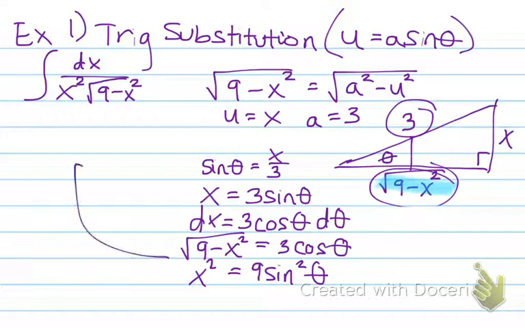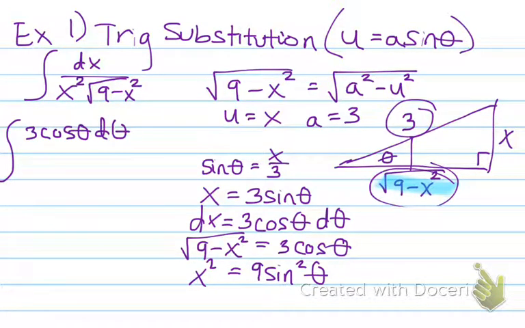So I'm going to take all these pieces and substitute them back into the original expression. So I have the integral of dx, which is 3 cosine of theta d theta, divided by x squared, which is 9 sine squared of theta, times the square root of 9 minus x squared, which is 3 cosine of theta.